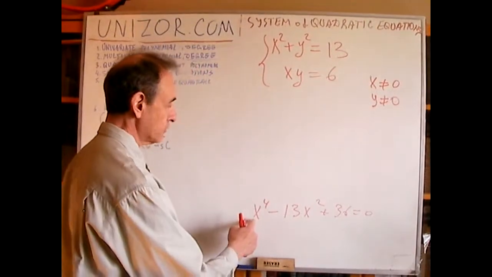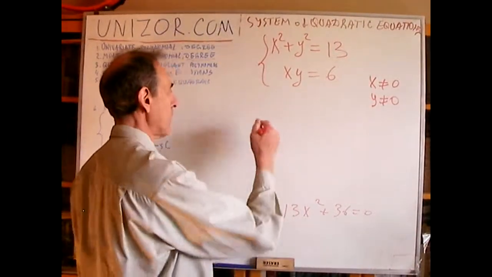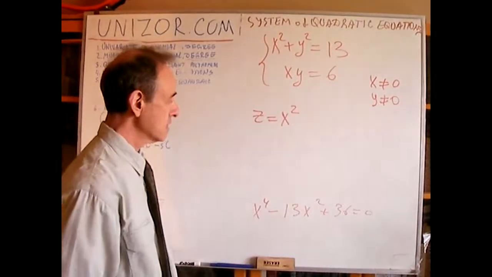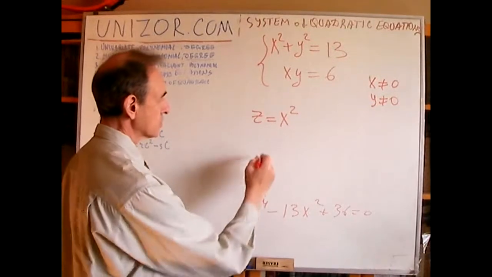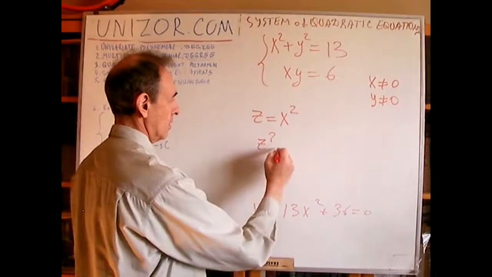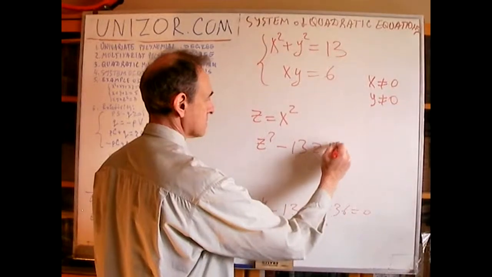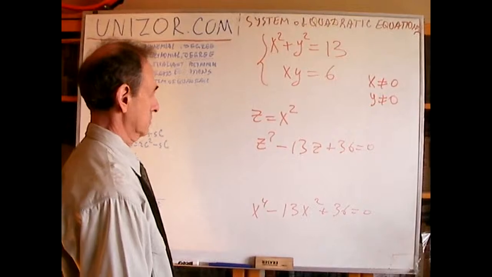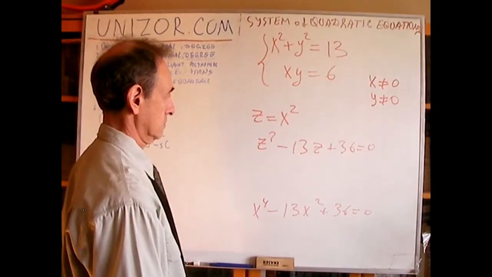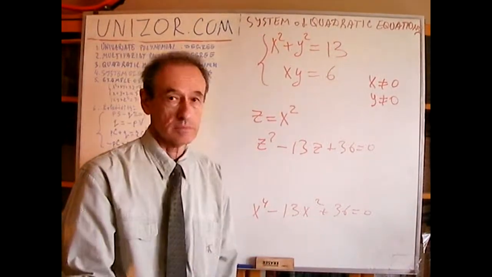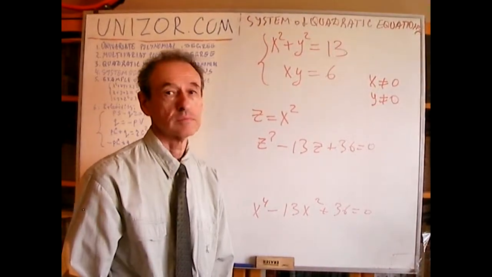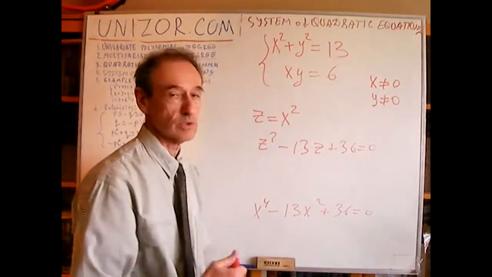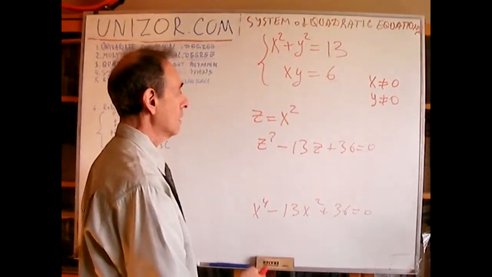However, there are only 4th and the 2nd degree here, which means if I have a new variable z, which is equal to x squared, then x to the fourth will be z squared, so z squared minus 13z plus 36 equals 0. And this is a quadratic equation, right? So we can solve it for z. Whatever the solution will be, I will have two solutions.